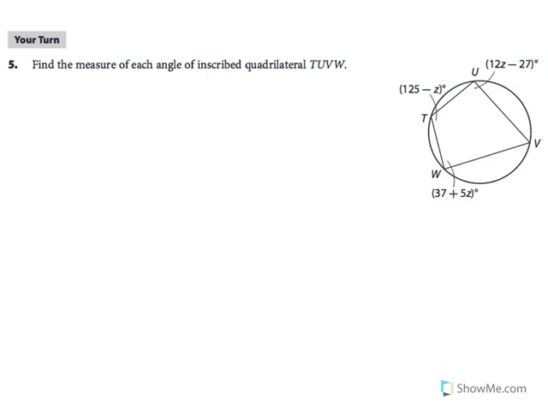Okay, now your turn. Find the measure for each angle of the inscribed quadrilateral TUVW. Right, so using these two to solve for Z first. So we said 37.